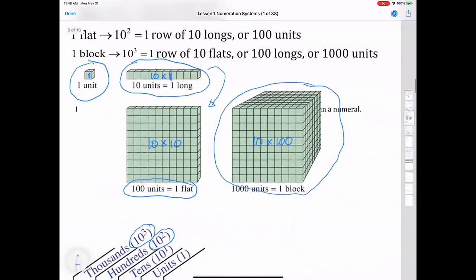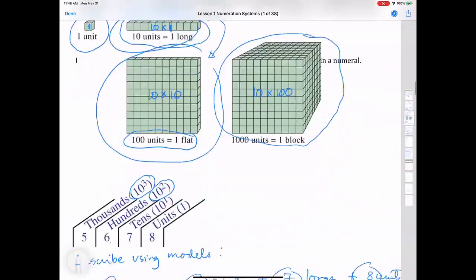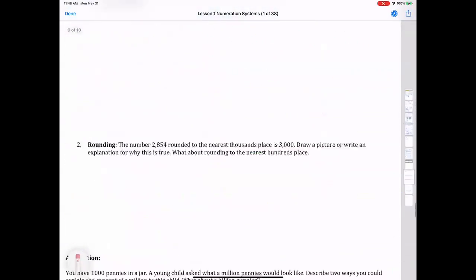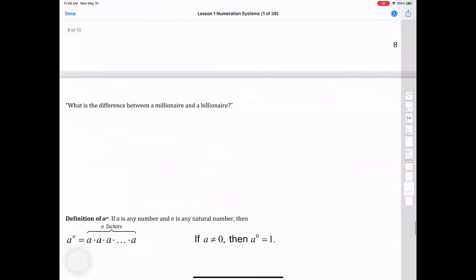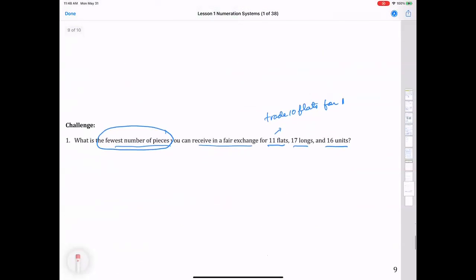Oh, this is a flat. So this is a flat, right? A long is like this. So let's go back to the problem. You could trade 10 flats for one block.